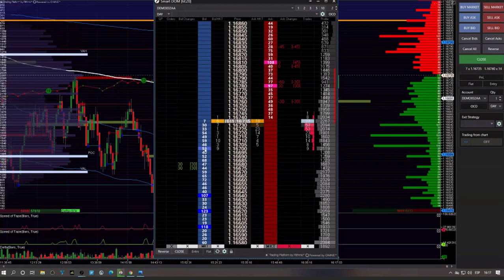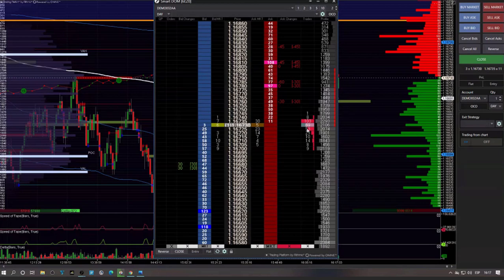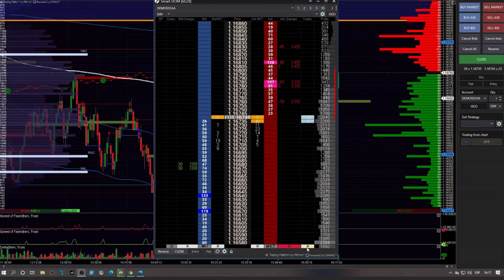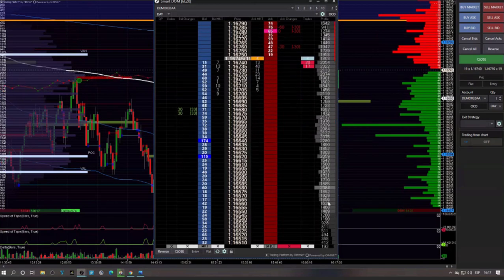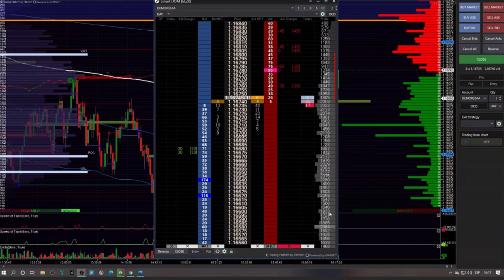And you can see all the pending orders, the orders that have been put in the market and taken out of the market, and the volume at each price. You can see the volume here, but if you want to clear it, for example, I just cleared it, and now it's the volume from the point I cleared. I can also see the whole historical volume here on the right.